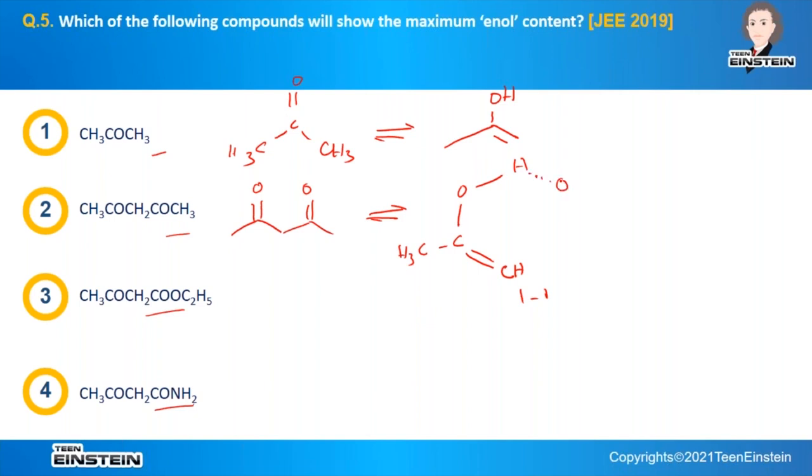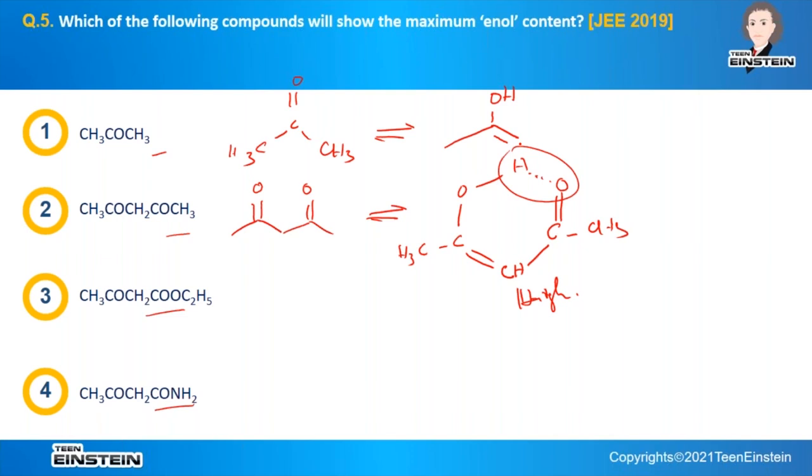Here the formation of hydrogen bonding takes place. Here C, CH3, CH. So this enol form is highly stable because of intramolecular hydrogen bonding and due to extended conjugation. So among all 4, the enol content is maximum for this compound.